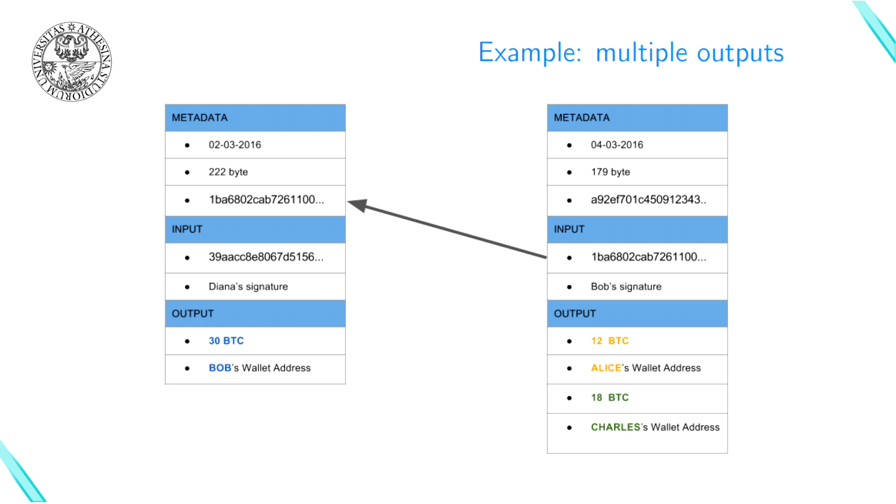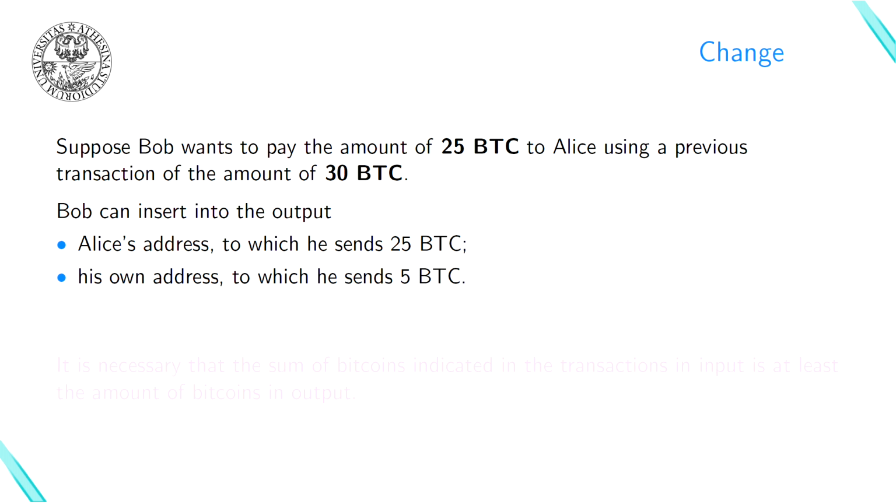But what happens if you don't want to spend all bitcoins? We are going to find out in the last example of the chunk. So what about change? Suppose Bob wants to pay the amount of 25 bitcoins to Alice using a transaction previously received by him with the amount of 30 bitcoins.